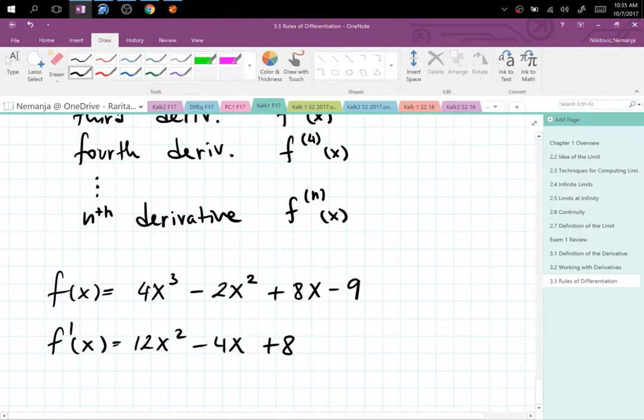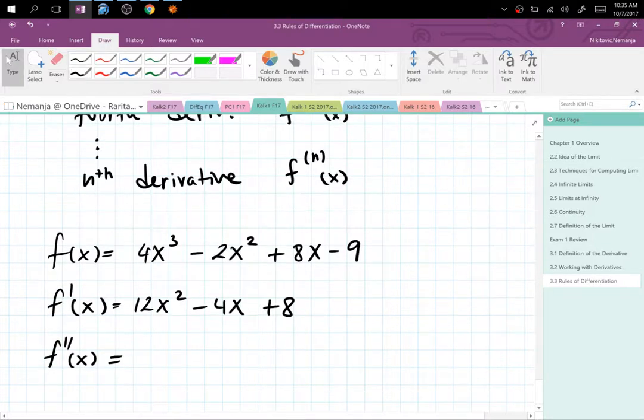And the 9 dies because the derivative of the constant term is 0. Now, I want to find the second derivative, which is the first derivative of the first derivative. So I will take the derivative here and I get 24x minus 4.